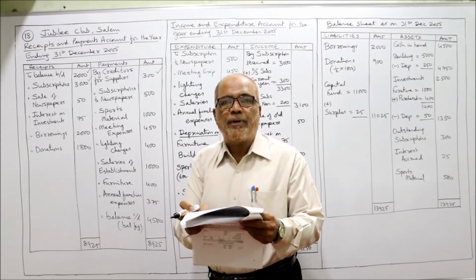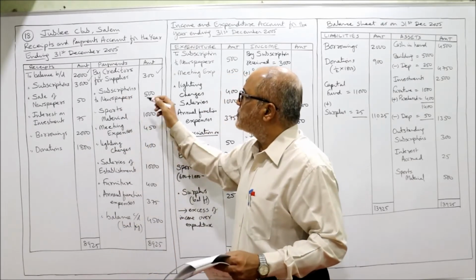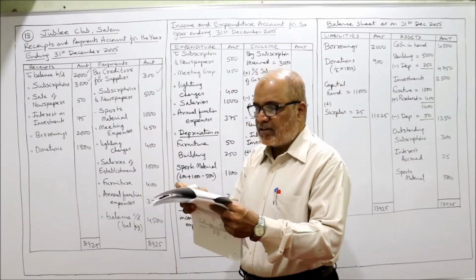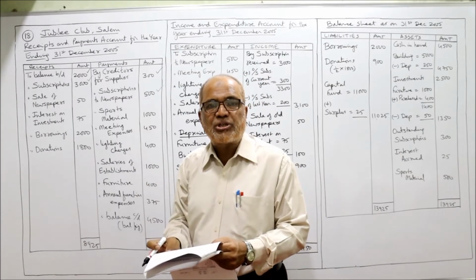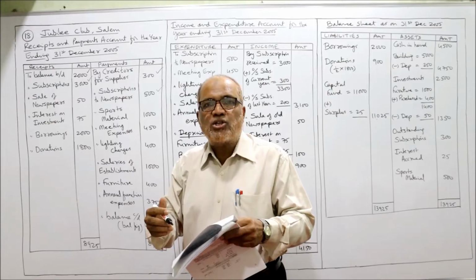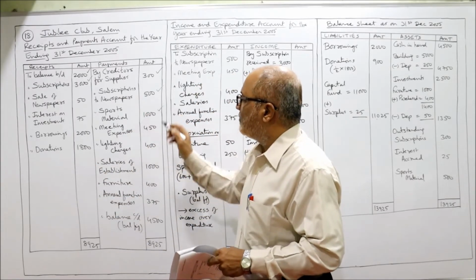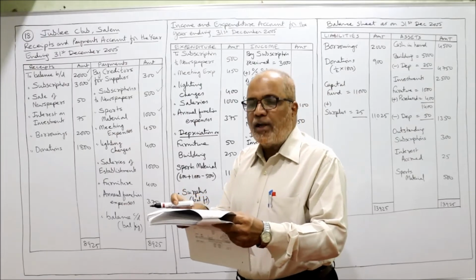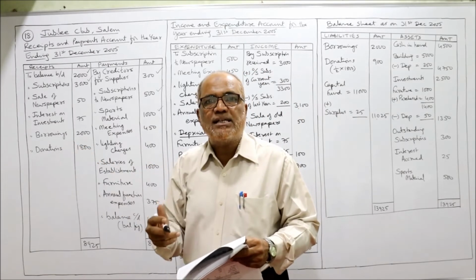Subscription to newspapers, that means payment made for newspapers. By subscription to newspapers 500. Then sports material purchased. When sports material is purchased, there is a payment. So by purchase of sports material 1,000. Sale of old newspapers. When old newspapers are sold, it's a receipt.